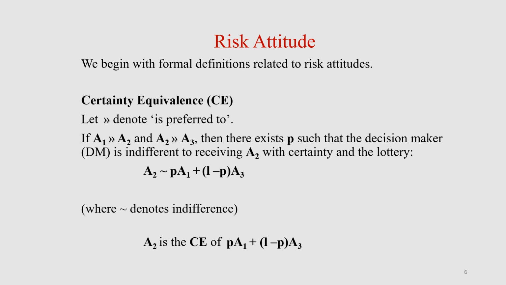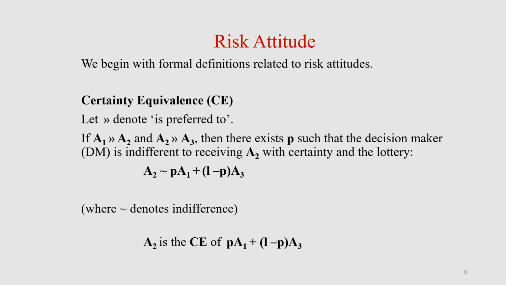So if A1, which represents some bundle of goods, is preferred to A2, which represents an alternative bundle of goods, and A2 is preferred to A3, then there exists some P, a probability, such that the decision maker, which we'll refer to by the acronym DM, is indifferent to receiving A2 with certainty, and a lottery of A1 and A3 as follows.